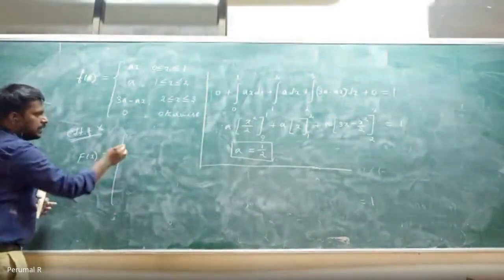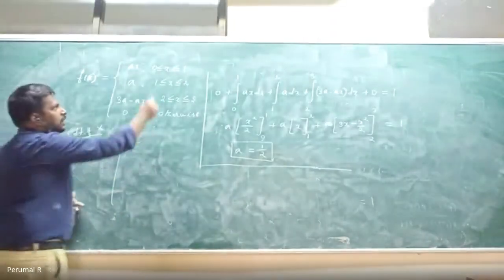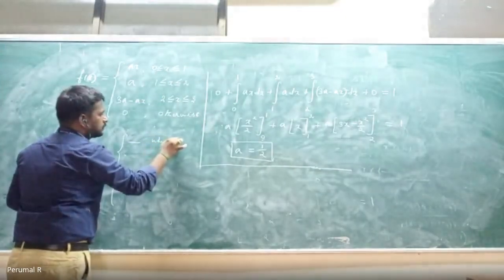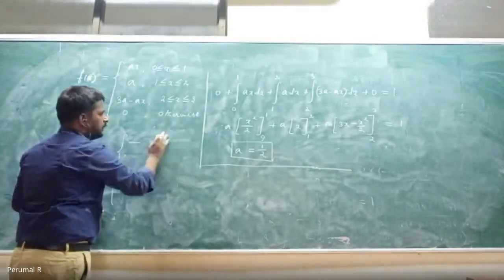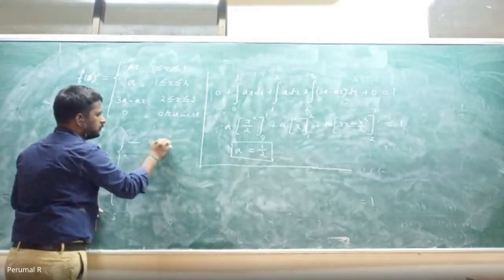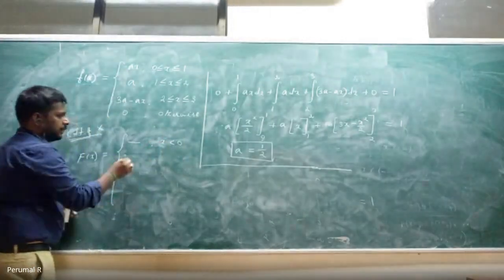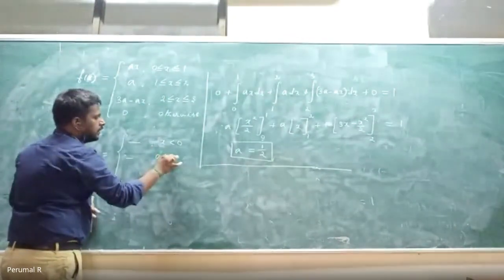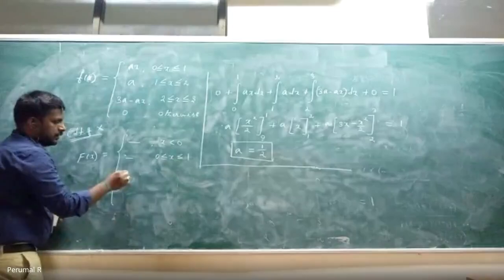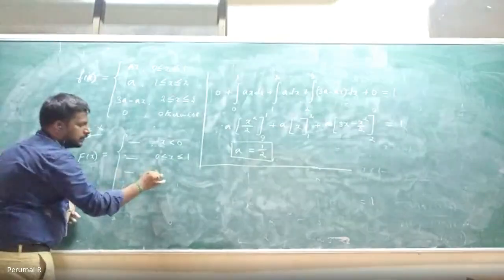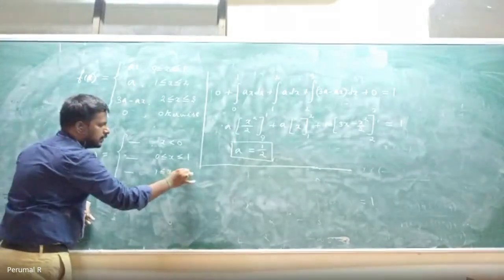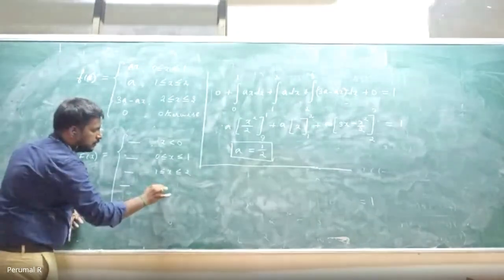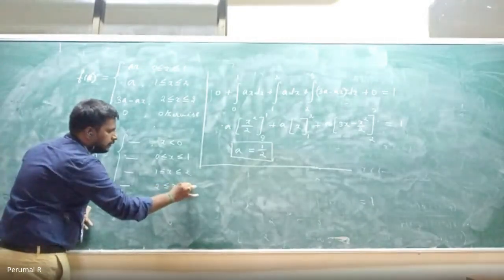First we consider x less than 0. Next, 0 less than or equal to x less than or equal to 1. Next, 1 less than or equal to x less than or equal to 2. Next, 2 less than or equal to x less than or equal to 3.